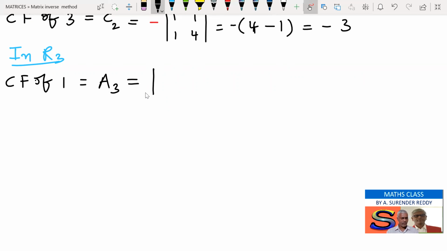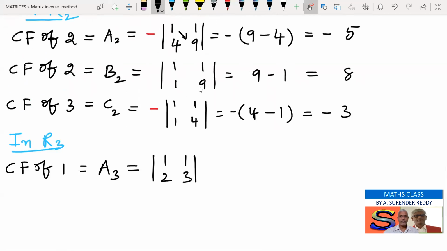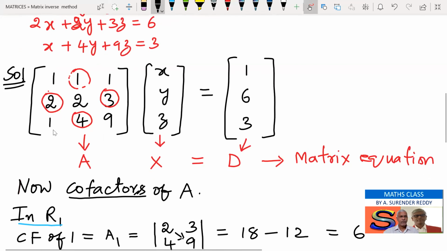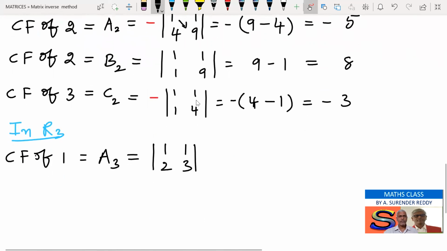If we leave the first column and third row, 1, 1, 2, 3 remain. Look at this, the third row first element: it is in the third row, so remove the third row and the first column, and the remaining elements are 1, 1, 2, 3.